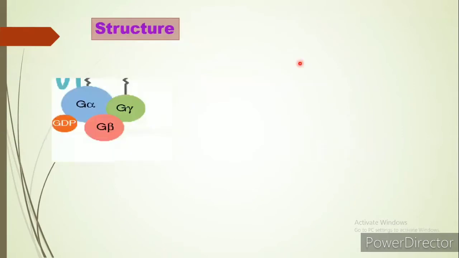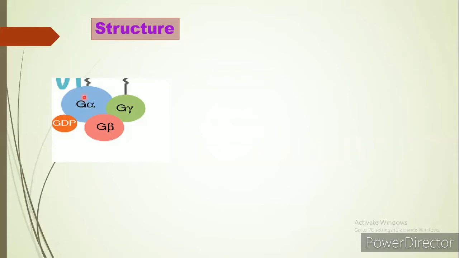Now the structure of the G protein and the G protein coupled receptor. See here, this is the G protein. G proteins are a component of the G protein coupled receptor system. It is a heterotrimeric GTP binding protein composed of three subunits: G alpha, G beta, and G gamma.